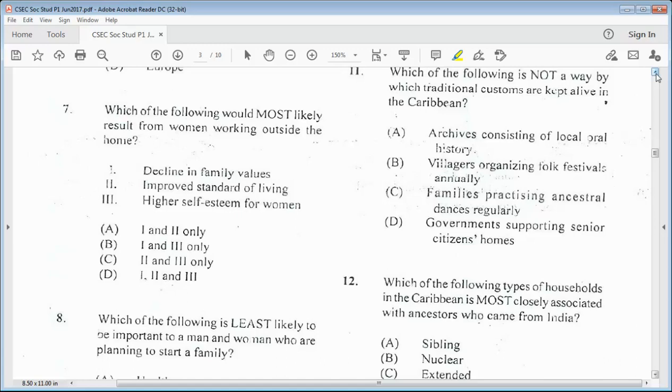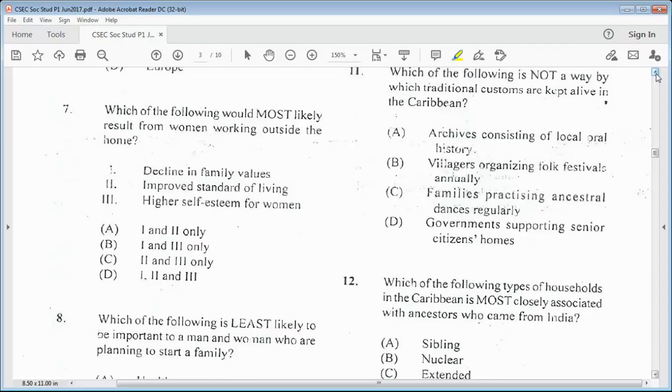Well, we know decline in family values. Is that a part of it? Obviously not, because it says most likely result from women working outside the home. What about 2, improved standard of living? Yes.